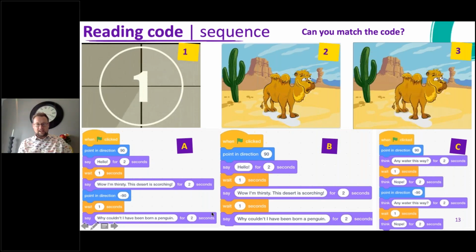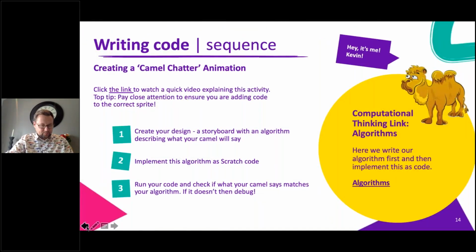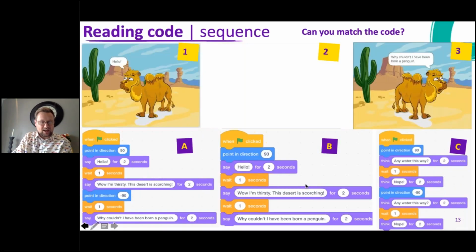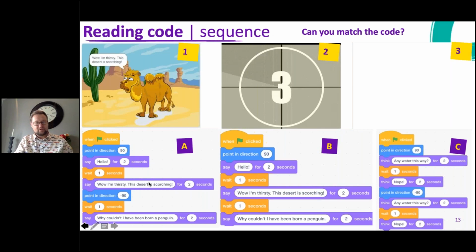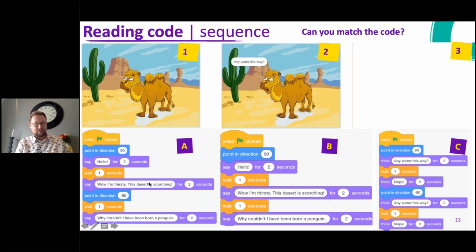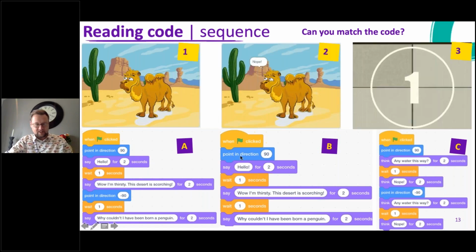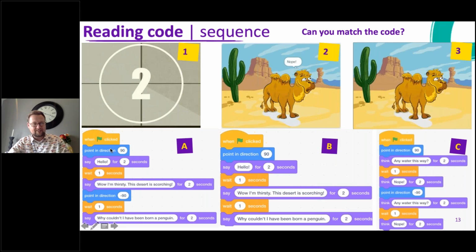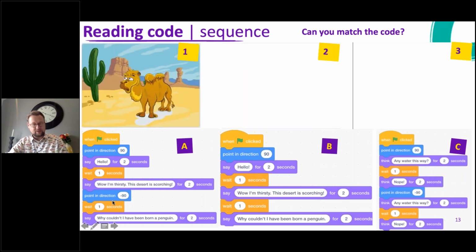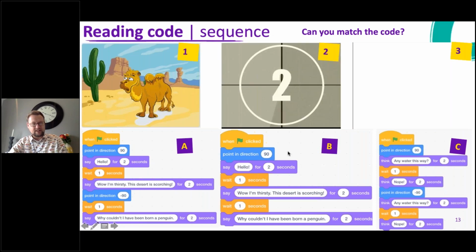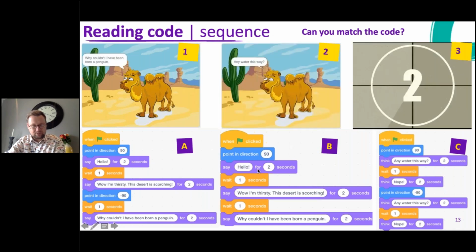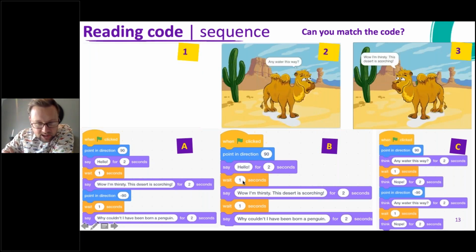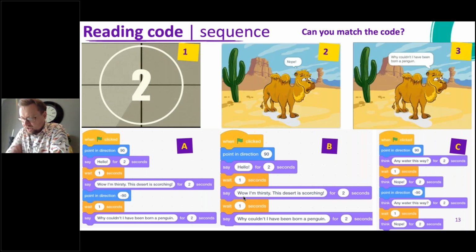The code for A and B is quite similar in terms of what the camel is saying, and you might have identified that the only difference is that the code for A has two direction blocks, one that points it to the right and then one to the left, whereas the code for B, if we trace through, we realize that it sets the direction at the beginning and then doesn't change it.